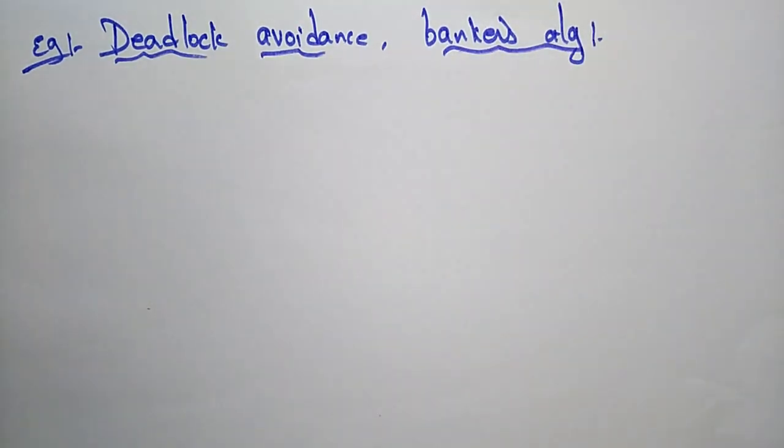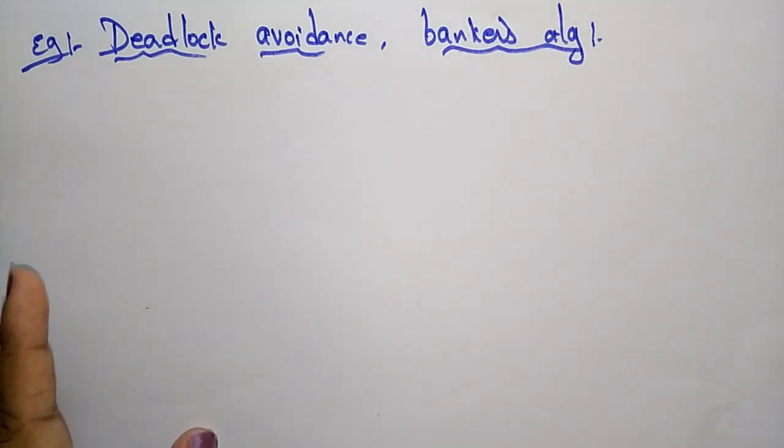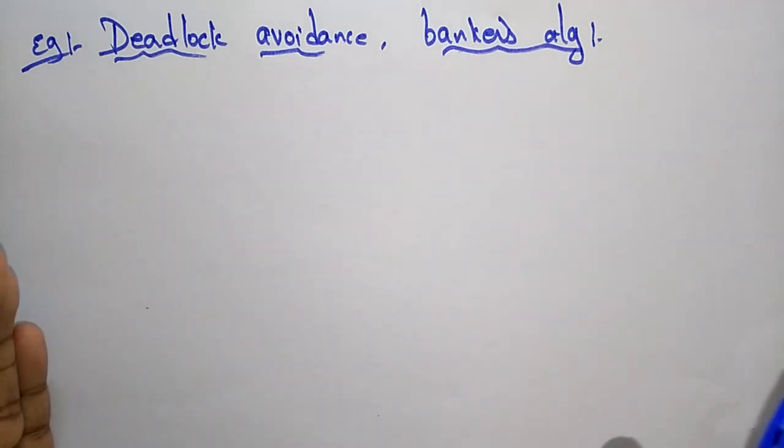Before discussing Banker's algorithm, these are the conditions you have to take care of when dealing with deadlock avoidance. There is a chance for multiple instances. One, each process must have a prior claim of maximum use, and when a process requests resources, it may have to wait. So whenever a process requests resources, it may have to wait.